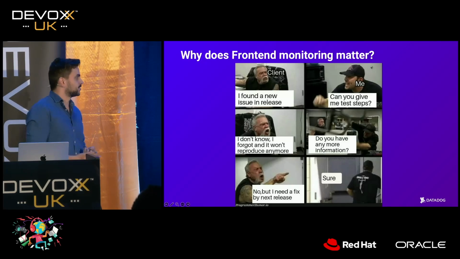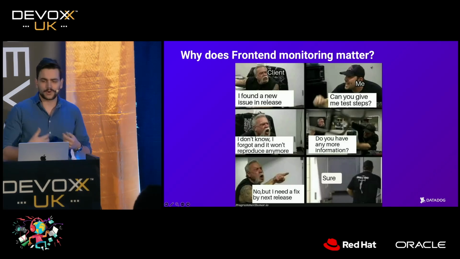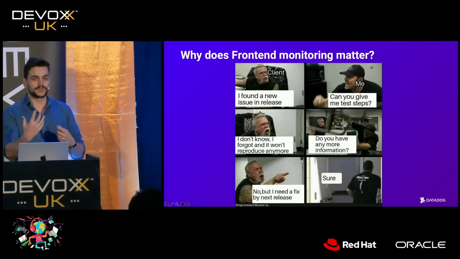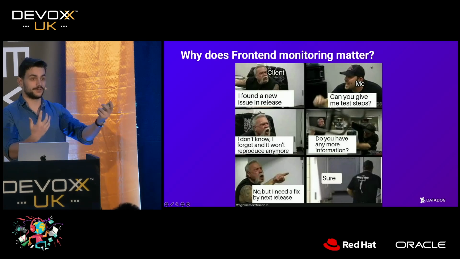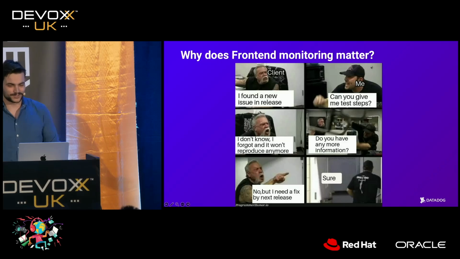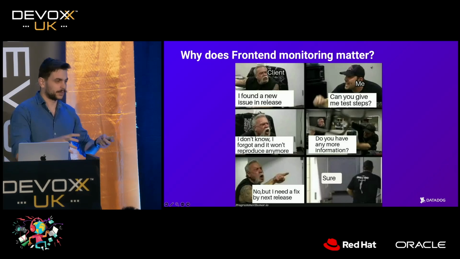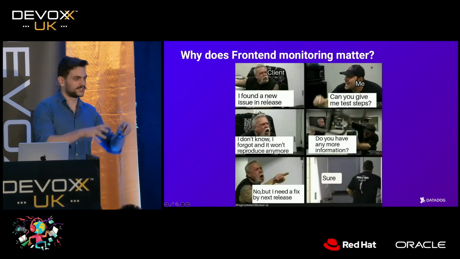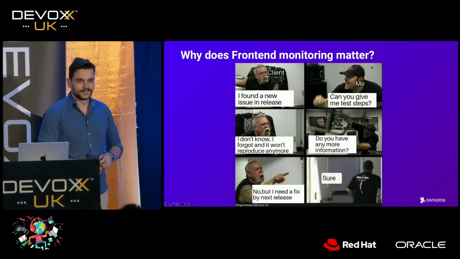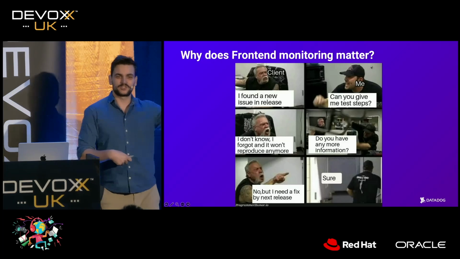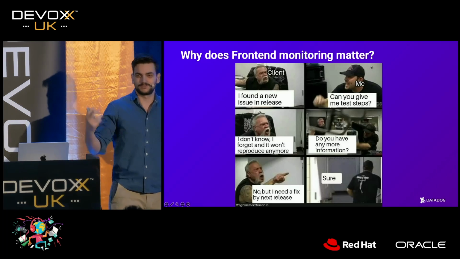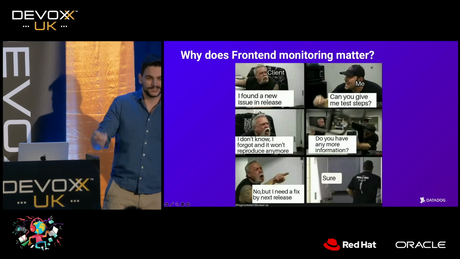And we all face the situation where we were going back and forth with the client service, or maybe directly with the client, to try to understand what's going on. We're asking for some screenshot of the dev tools to see the error in the console, and having some minified JavaScript somewhere that you can't know what it is.